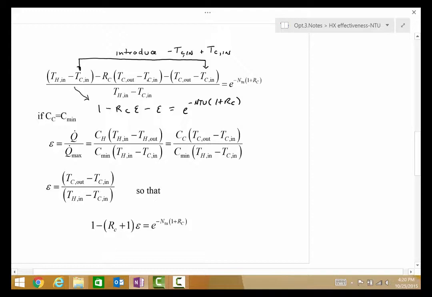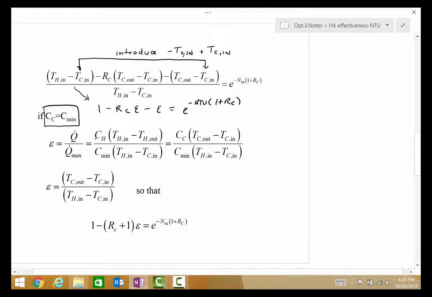The TC out minus TCin over THin minus TCin is epsilon, so it's times RC. And we have it again, minus epsilon is equal to minus NTU. Again, this is the case of CC is the minimum.